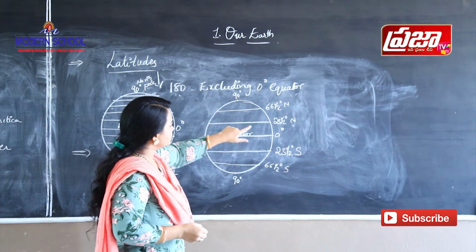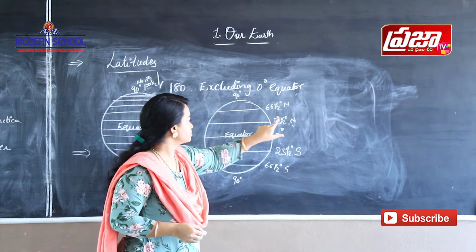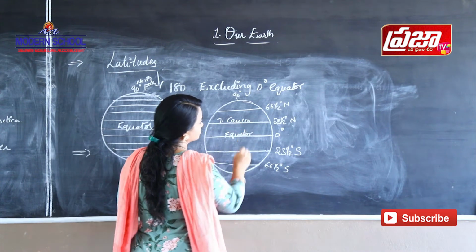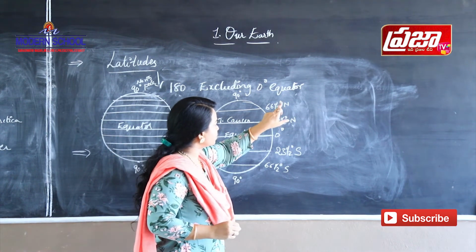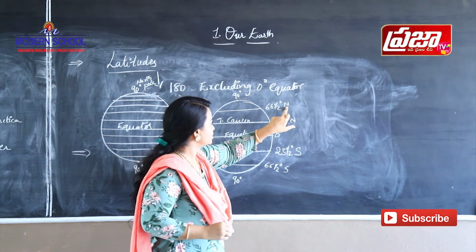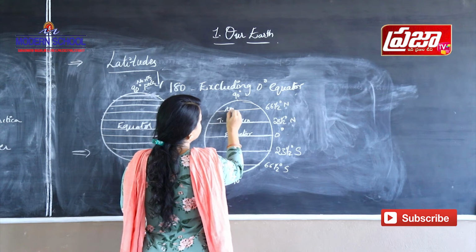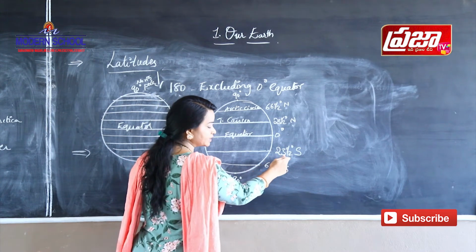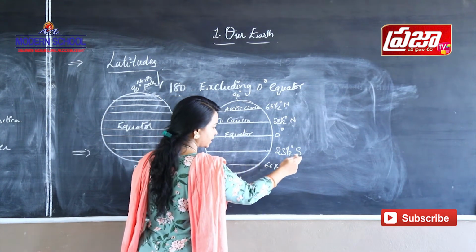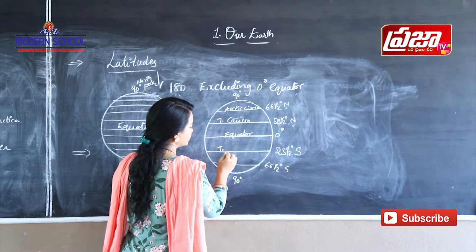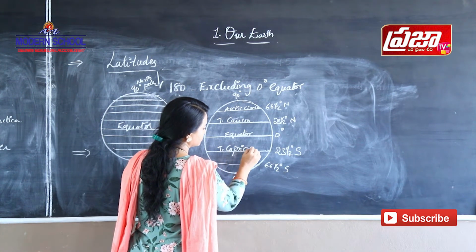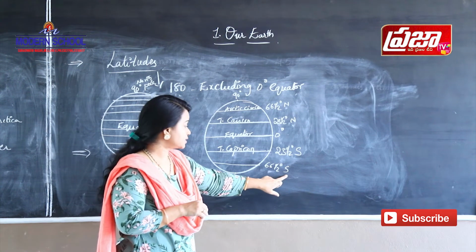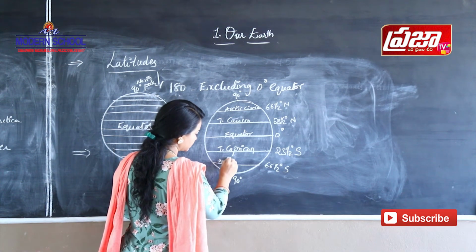The 23.5 degrees latitude of the northern hemisphere is called Tropic of Cancer. 66.5 degrees latitude of the northern hemisphere is called Arctic Circle, and 23.5 degrees latitude of the southern hemisphere is called Tropic of Capricorn, and 66.5 degrees latitude in the southern hemisphere is called Antarctic Circle.